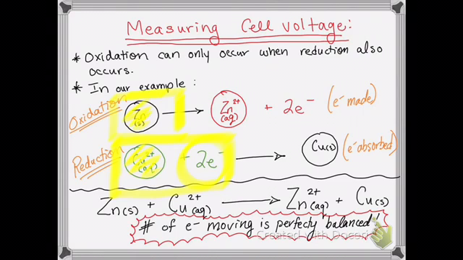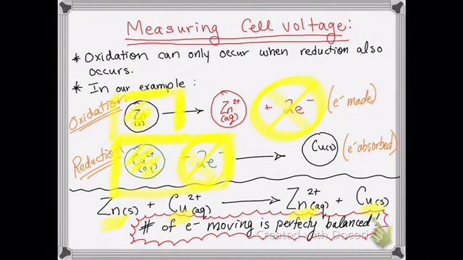On the product side of the other half, you also have 2 electrons, so these get canceled out. Many of you remember from previous units that anything similar on both sides gets canceled out. That's why on the left all you see is the zinc metal and the copper ion, and on the right side we have zinc the ion and copper the metal.